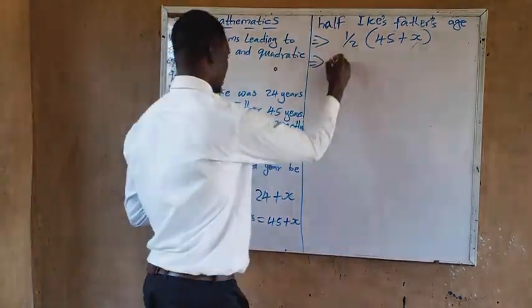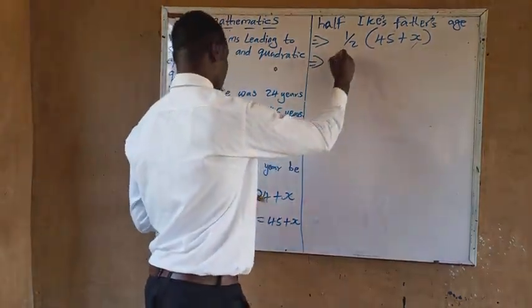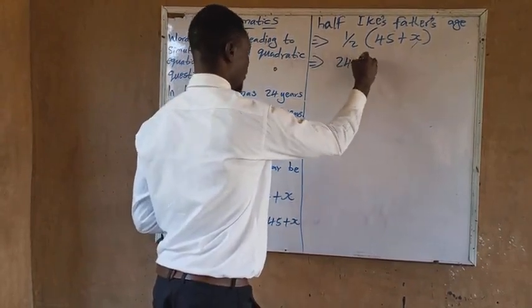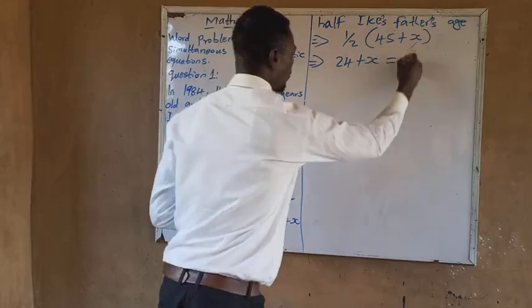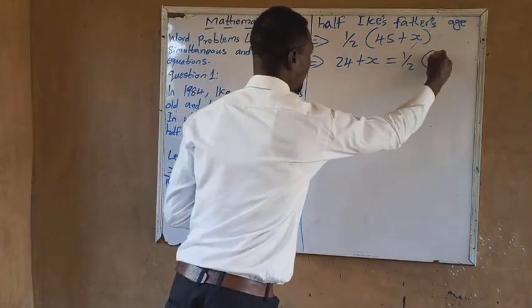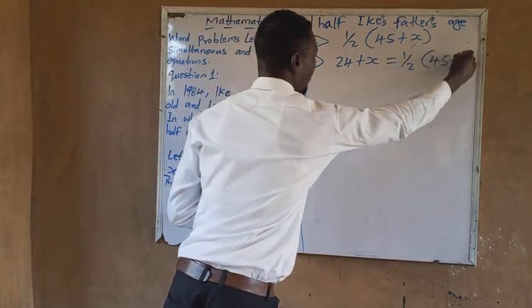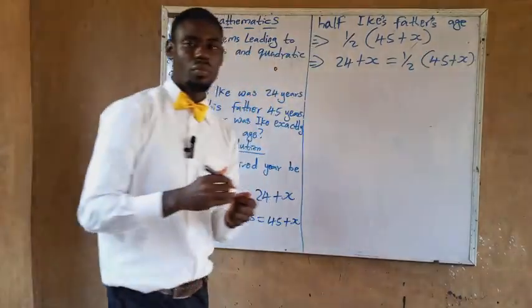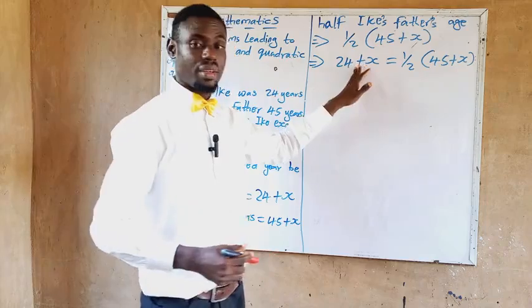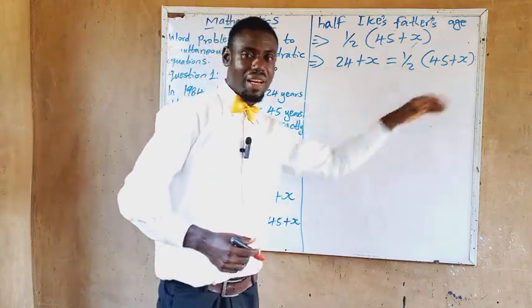That shows that at that moment, Ike's age is equal to half of the father's age. Ike's age is half the father's age.